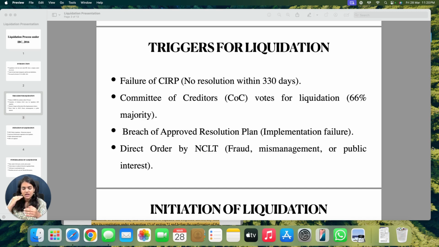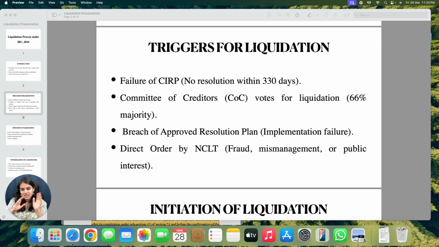So it is understood by the IBBI that this fee structure may act as a trigger for either the committee of creditors or for the insolvency professionals, even though not to question their morality or professional ethics.